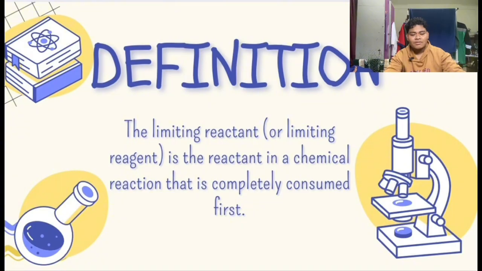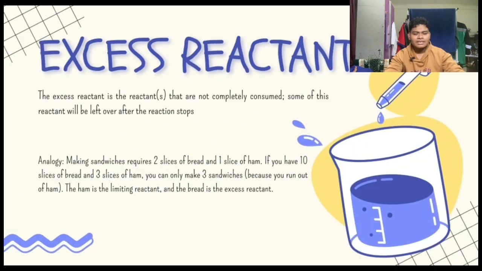It limits the amount of product that can be formed, and once it is gone, the reaction will stop. The excess reactant is the reactant that remains after the limiting reactant is completely used up. There is more of it than needed to react with the limiting reactant.